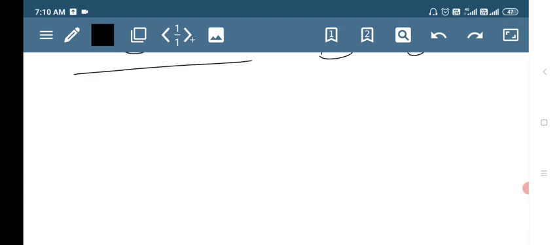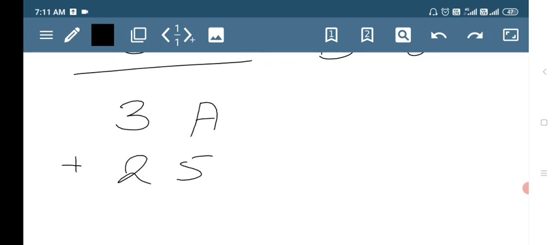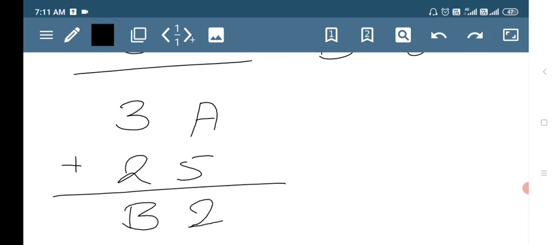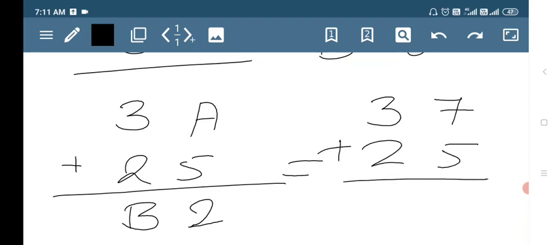So, in the next step you will be writing 3A plus 25, 2B is equal to 37 plus 25 is equal to 62.